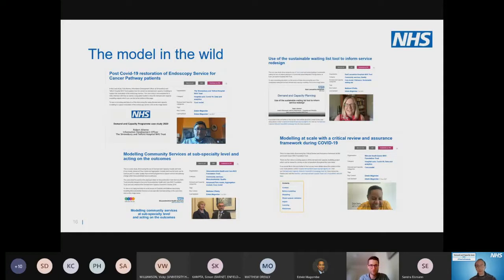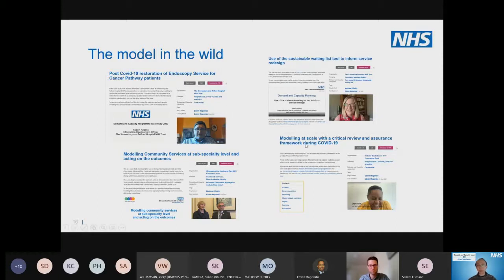And this segues really nicely into the host of case studies we have looking at the model actually being deployed in the wild in various applications. I suppose this is the theme: it's about thinking how the model can best represent the service that you are looking at.